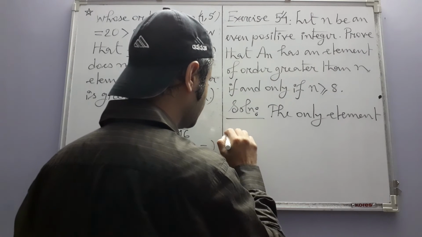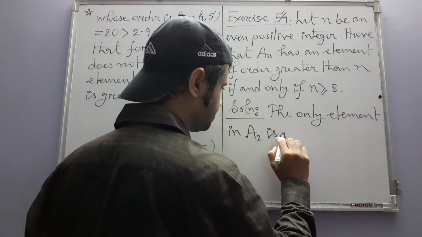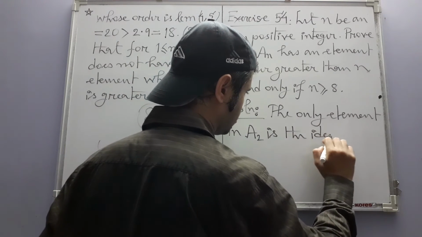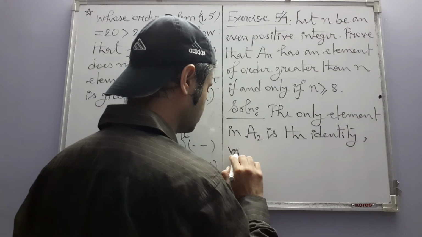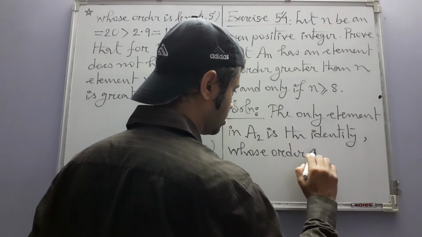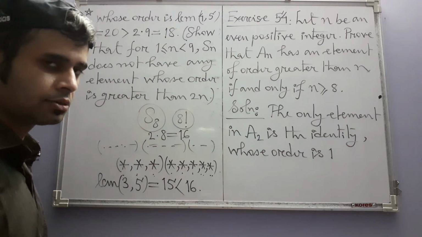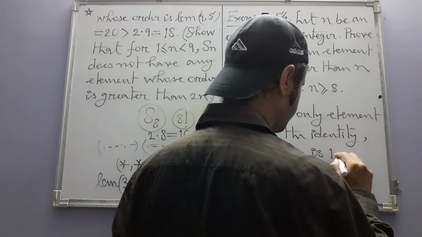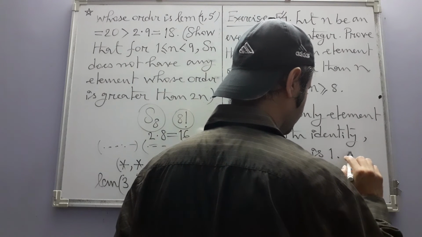The only element in A2 is the identity, whose order is 1 and 1 is less than 2. So of course it's not greater than 2, it's not even equal to 2. Then we look at A4.